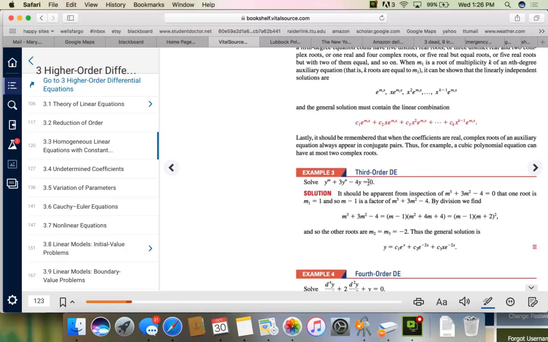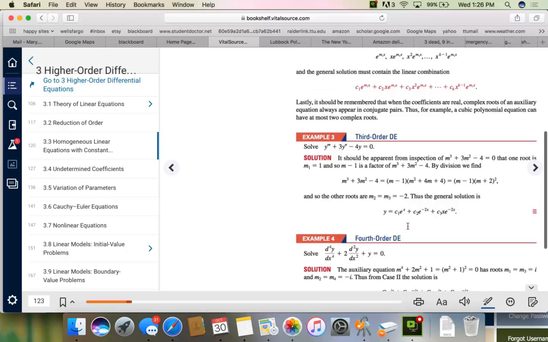But let's just say that one root is m equals 1, and the other root is a double root at minus 2. So what we have is one term that is a distinct real root, and then 2 terms that will be this double root of minus 2.